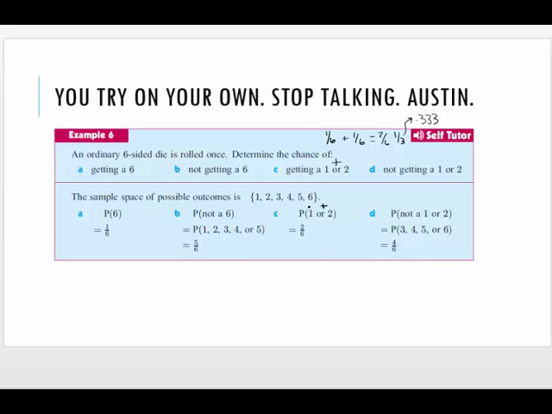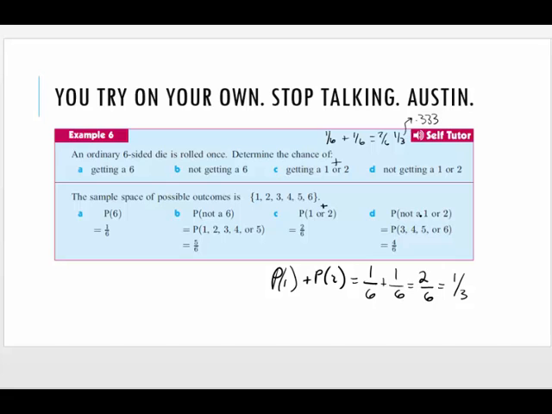That means we are taking the probability of 1 and adding it to the probability of 2. And that means that we get 1 over 6 plus 1 over 6, which is 2/6, and the book decided not to reduce, but that should be 1/3 is your probability. Okay?